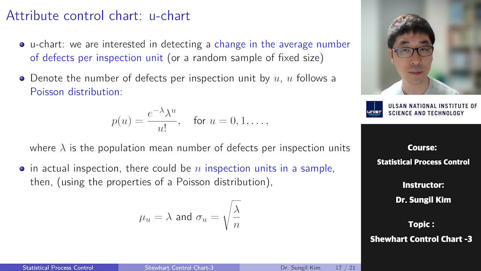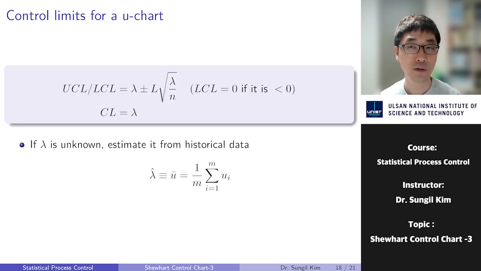If U follows a Poisson distribution and there are n inspection units in a sample, the sample mean is lambda and the sample variance is lambda divided by n. Then we apply the general control chart model and obtain the U chart. The parameter lambda in a Poisson distribution is assumed to be given, or we can estimate it from historical samples.